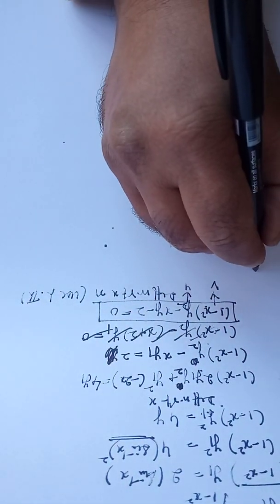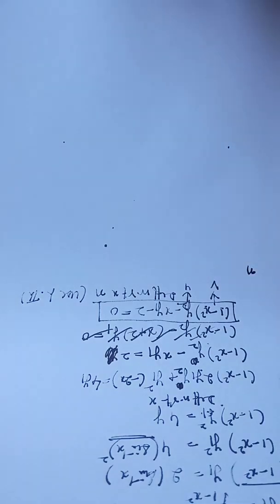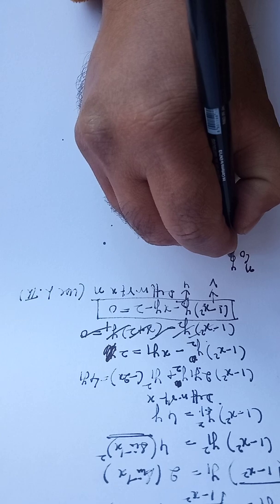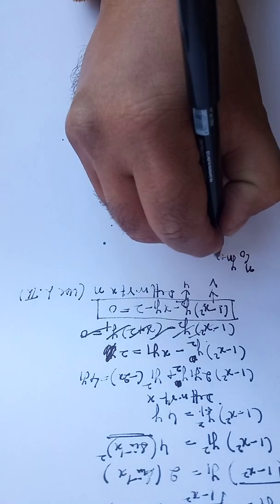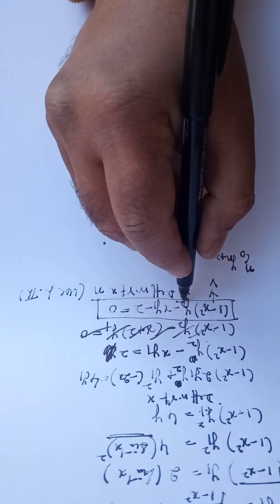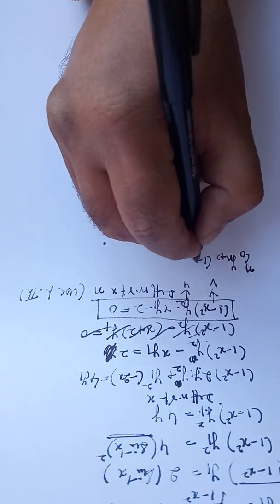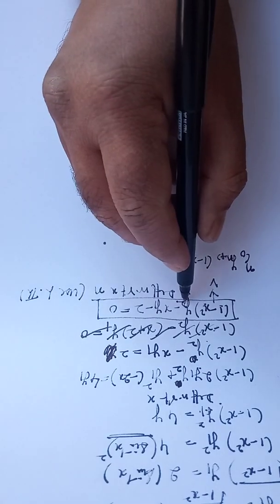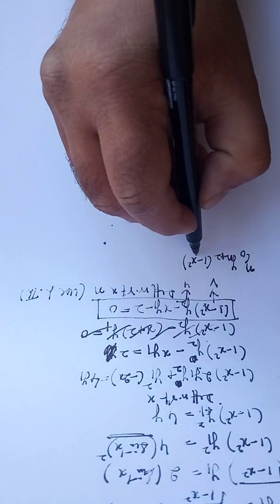This will be nC0 y n plus 2, the nth derivative of y2 is y n plus 2, and 1 minus x square is as it is.